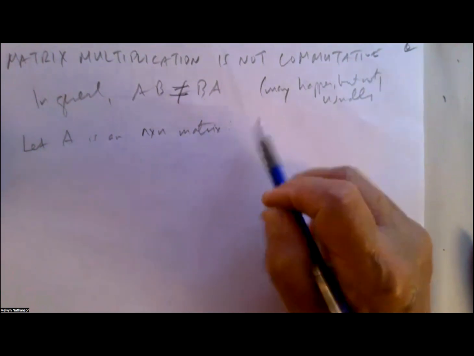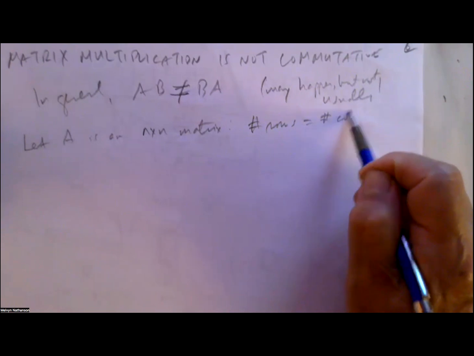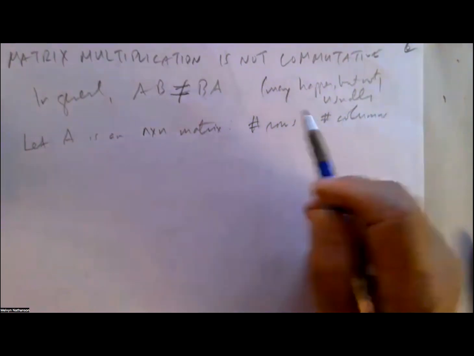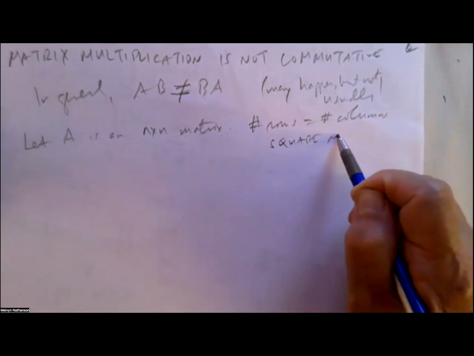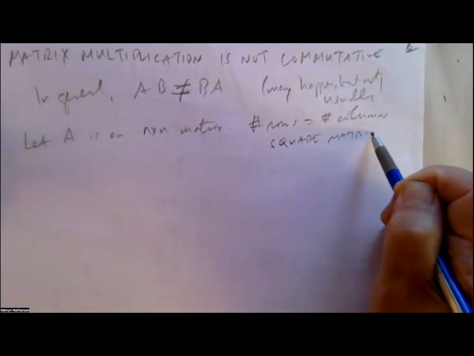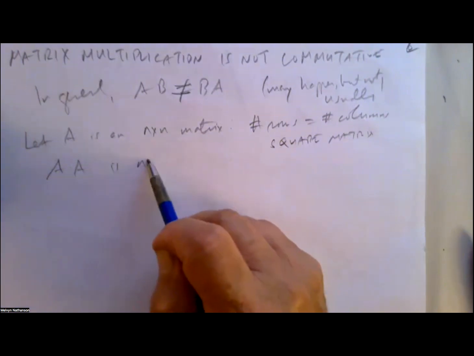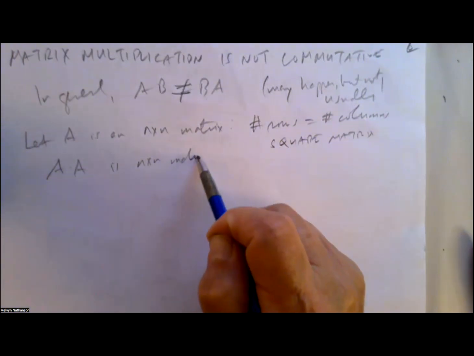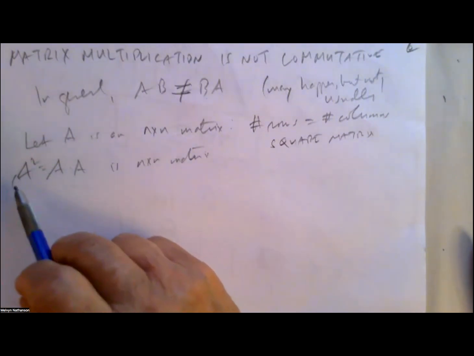That means the number of rows equals the number of columns. So the shape is actually a square. It's what's called a square matrix. So A times A is also an n by n matrix, which we'll call A squared.